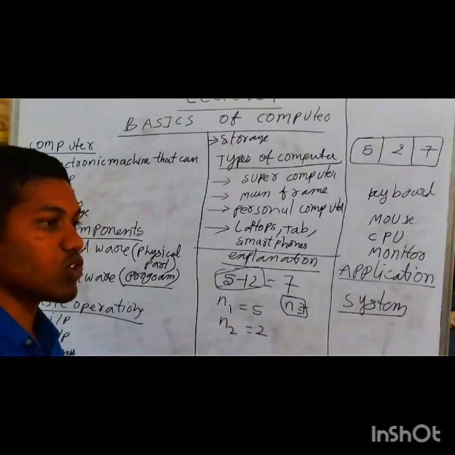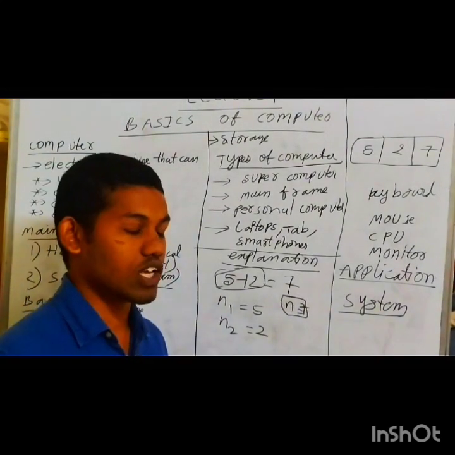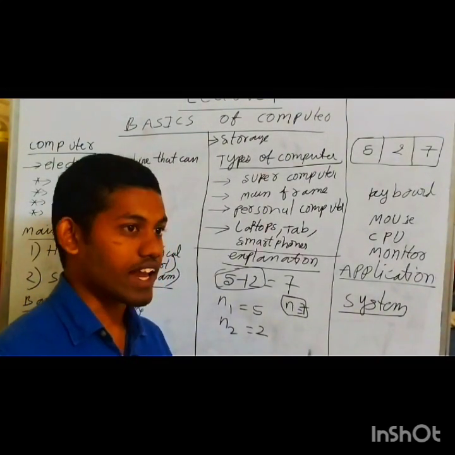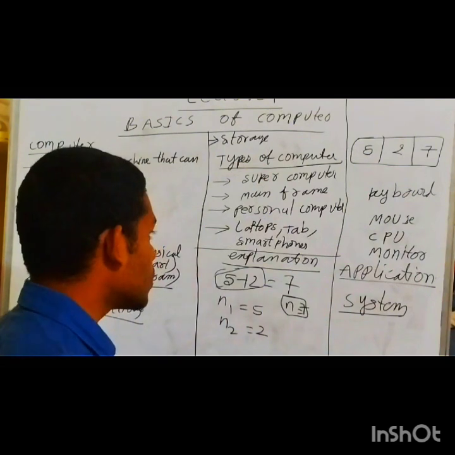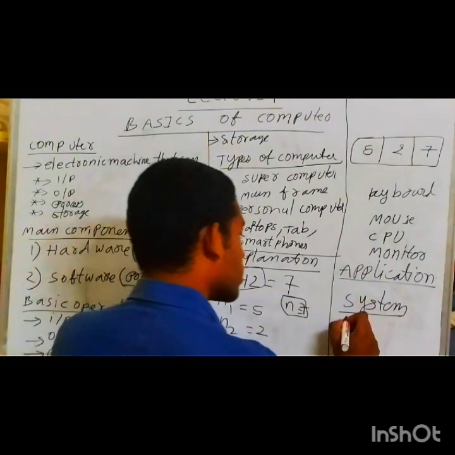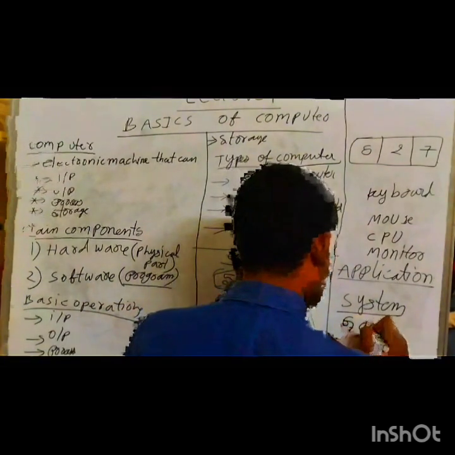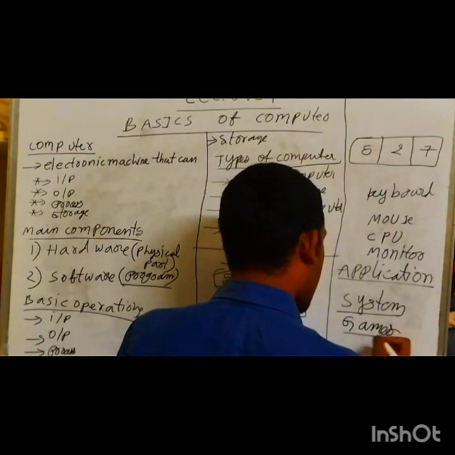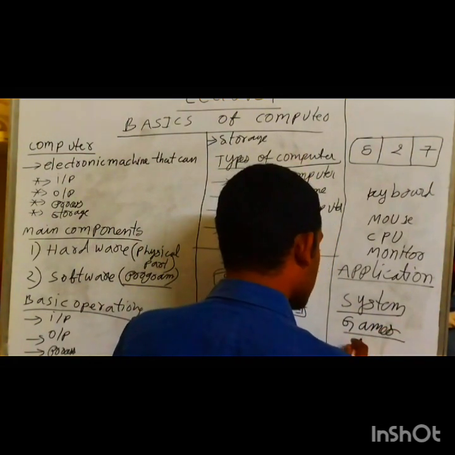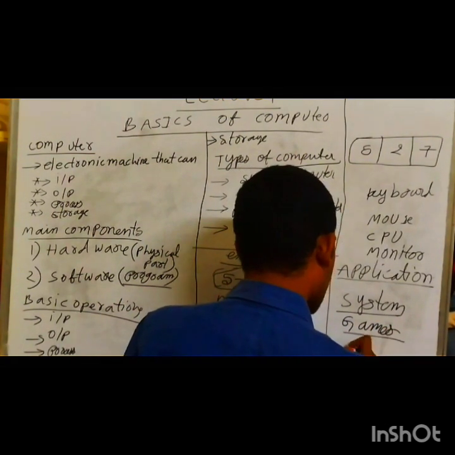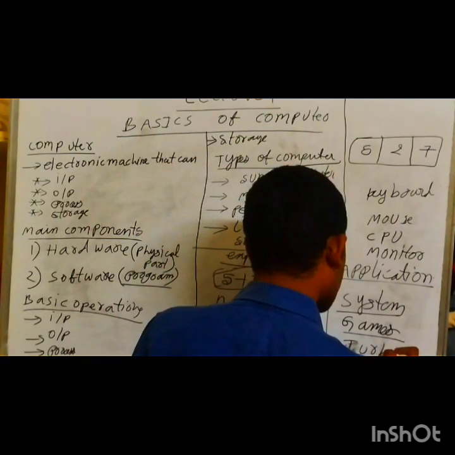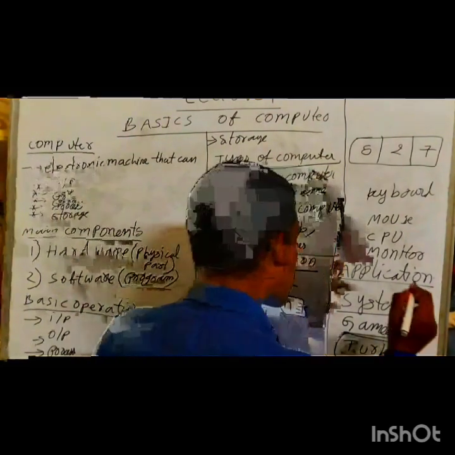Application software means we download an app from Google, right? That is nothing but application software, like games we download. That is application software. And we download some software like Turbo C. That is application software.